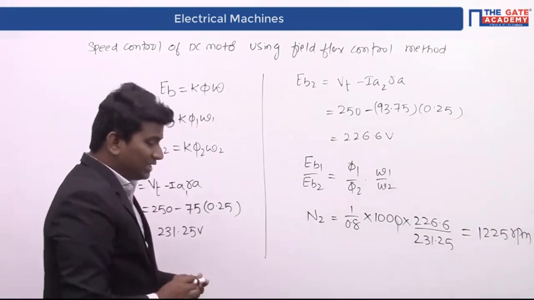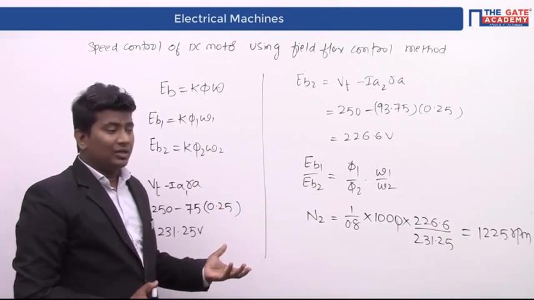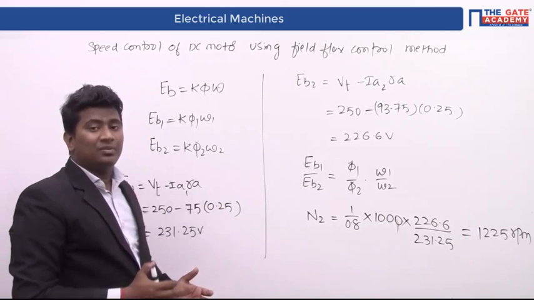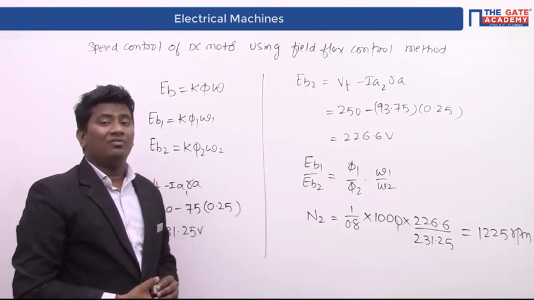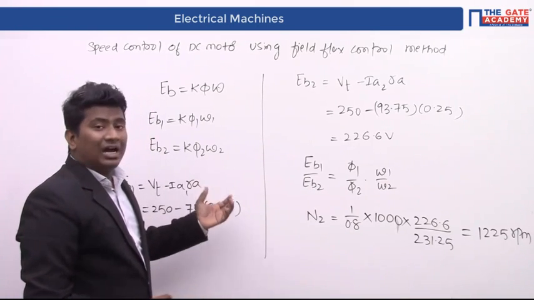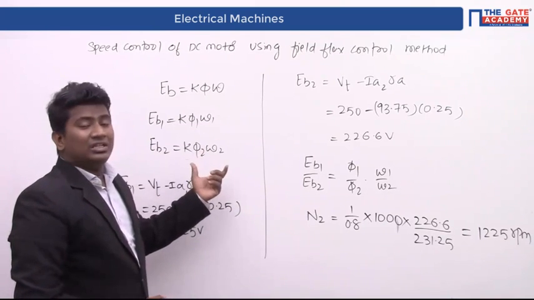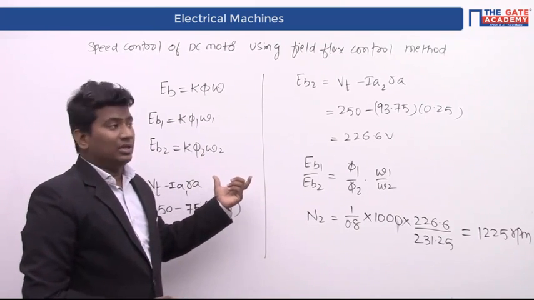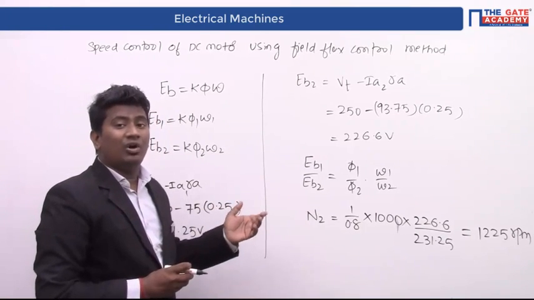What is the conclusion we have made? If we decrease the flux by 20%, before the speed changes, during the transient condition, what will happen? The armature current is increased suddenly. Here remember one thing, the condition they have given is constant torque.